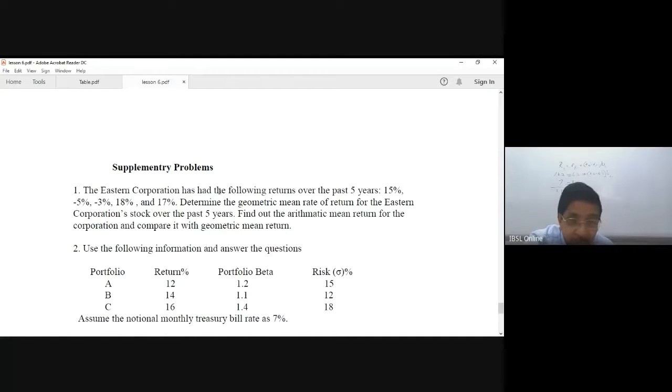The Eastern Corporation has had the following returns over the past 5 years: 15%, minus 5%, minus 3%, 18%, and 17%. Determine the geometric mean rate of return for the Eastern Corporation stock over the past 5 years, and find out the arithmetic mean return for the corporation, compare it with geometric mean return. Right. This one also you need to do now.